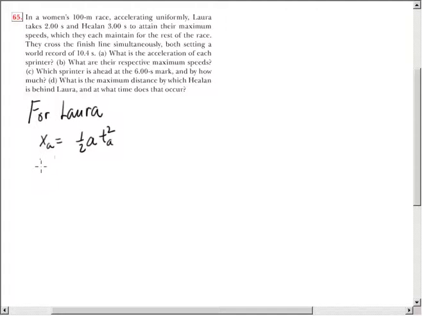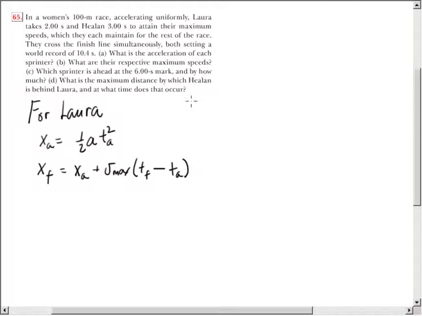We also have X final, or the final position, equal to the position after the acceleration phase plus Vmax times the time through which the constant velocity was attained, and that would be T final minus T acceleration phase.